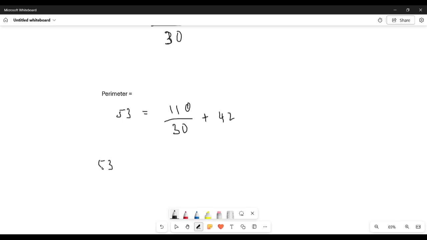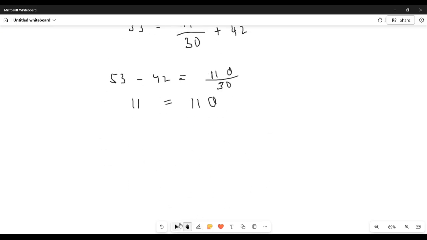Take 42 to the other side. 53 minus 42, and then that equals 11 theta over 30. So 53 minus 42, I will still get 11. Oh yeah, it's just 11. Yeah, 11 equals 11 theta over 30. So 30 to the other side, that is 11 times 30, it's got theta.